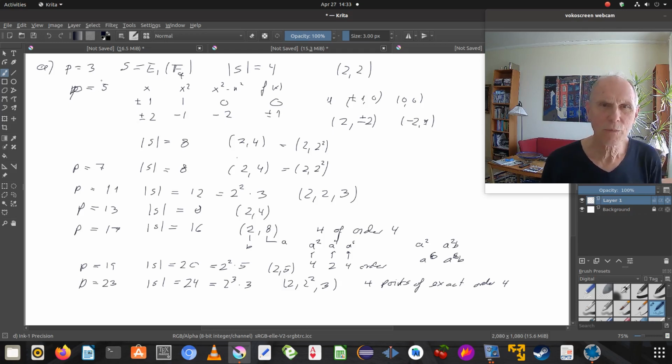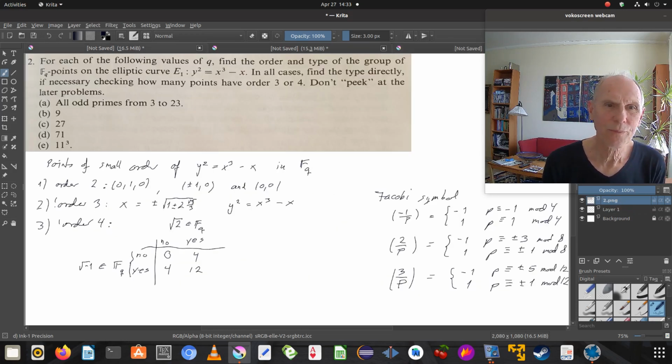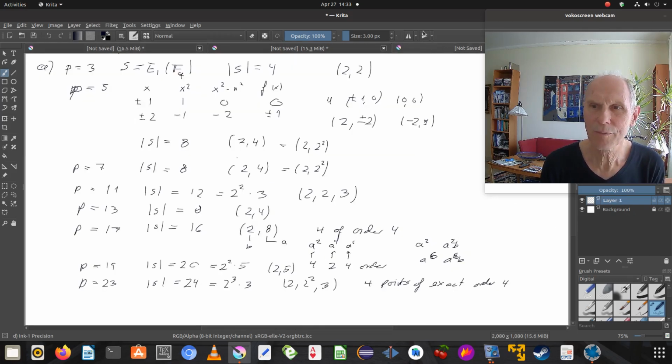The question was whether square root 2 and minus 1 lies in the field, so we have to compute the Jacobi, or that's the Legendre symbol, and that's minus 1 and 2 over p, or 2 over p.